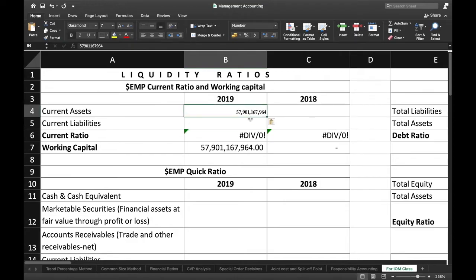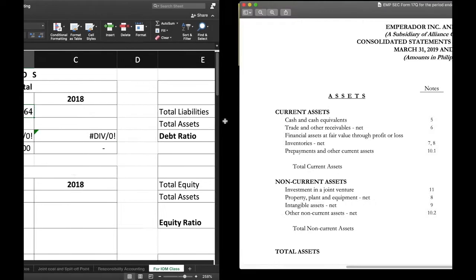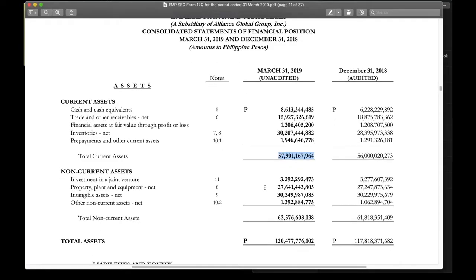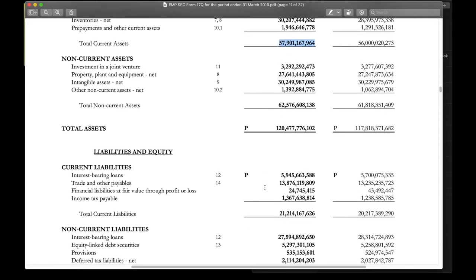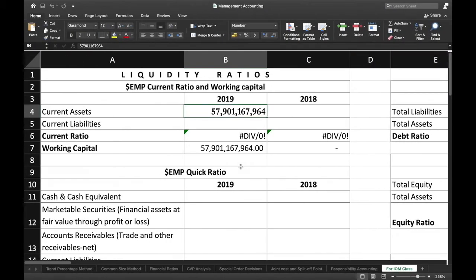They have 57,167,964 current assets. So for the current liabilities, they have this. So current liabilities. Ayan. Paste.